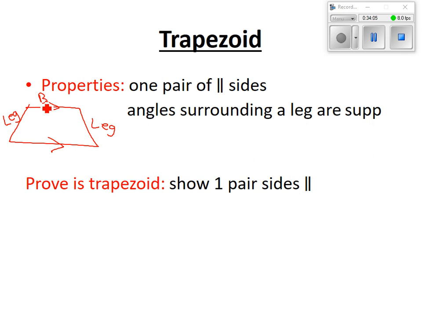And this is base 1, and this is base 2. And it doesn't matter which one's 1 and which one's 2. You just have two different bases. But just like with an isosceles triangle, you gotta know the parts of a trapezoid.